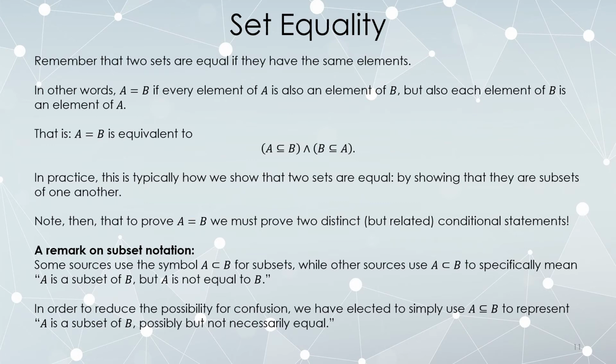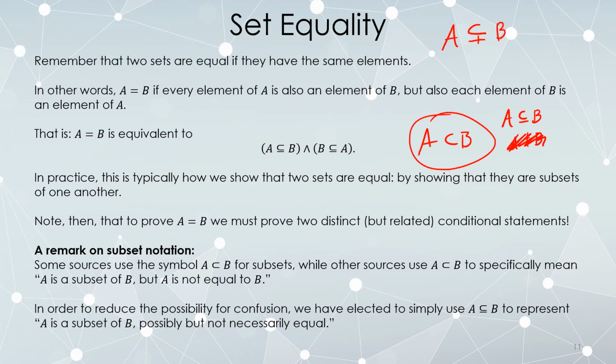Other sources will use this symbol to specifically mean A is a subset of B and it is not the same as B, but some other sources don't put that restriction in, and they use this notation for subsets even if they are equal, and then maybe they'll use this notation for when A is a subset of B and is specifically not equal.